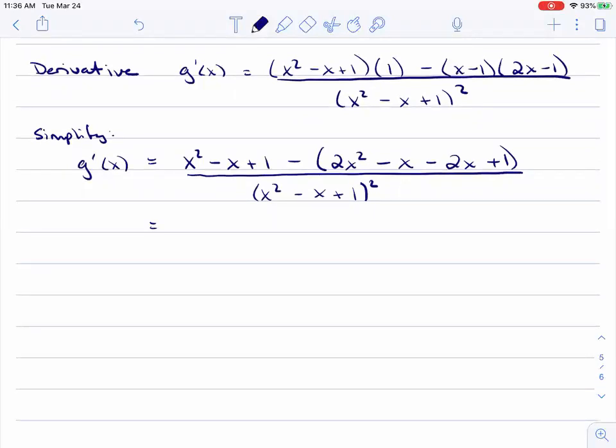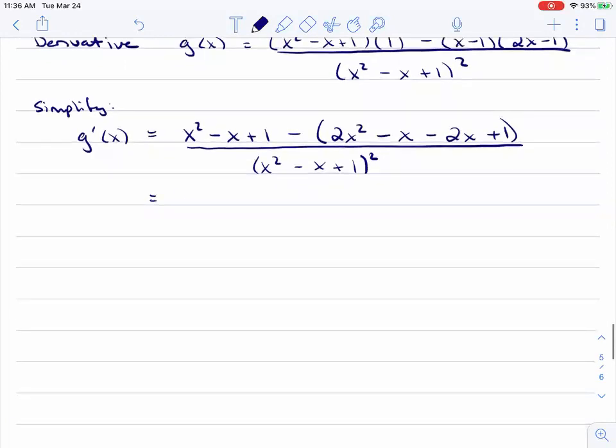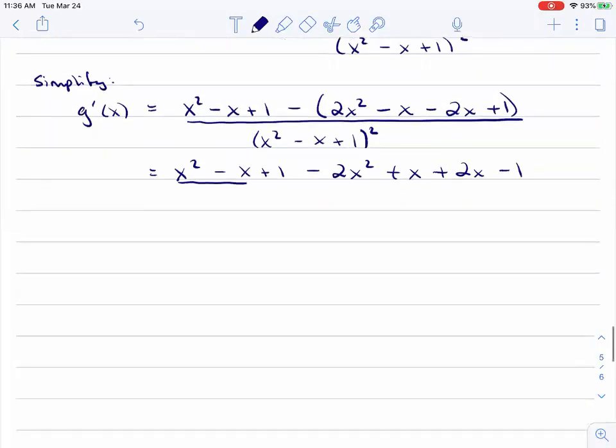And if I just expand this and simplify, I get x squared minus x plus 1 minus 2x squared plus x plus 2x minus 1. Of course, I'm going to be able to simplify that even more, over x squared minus x plus 1 squared.